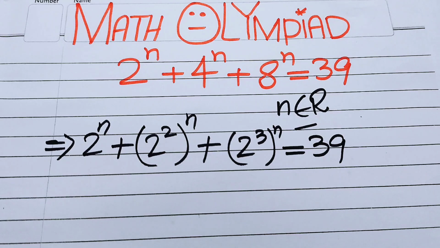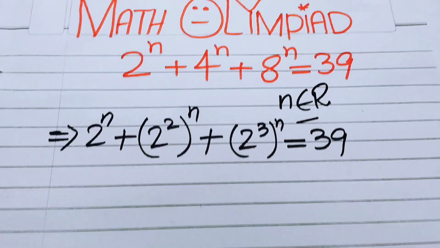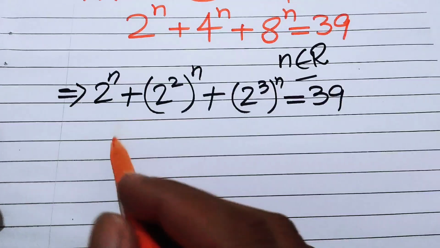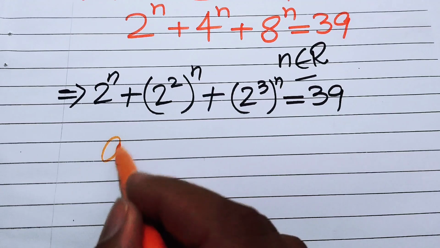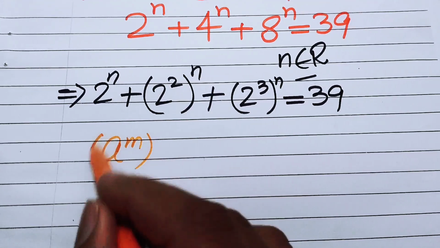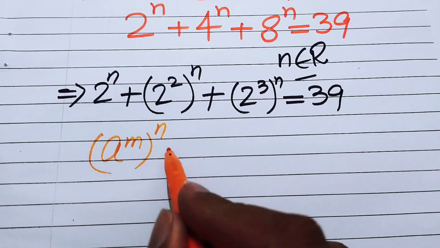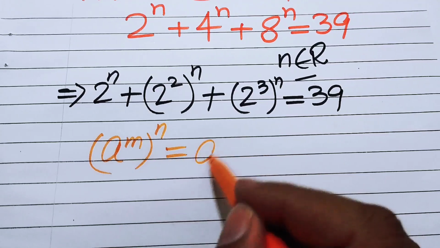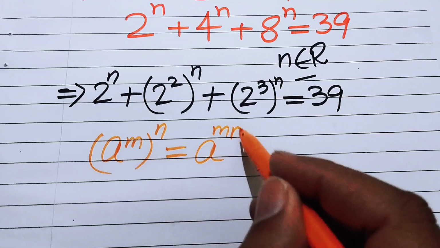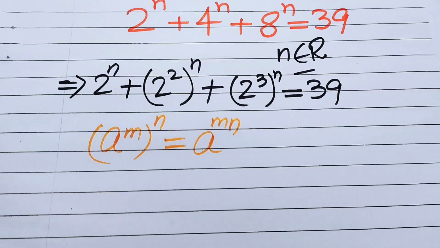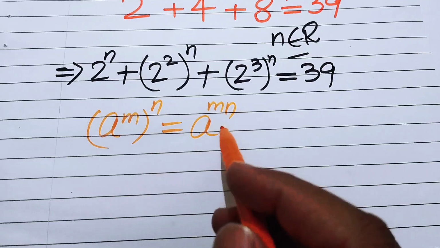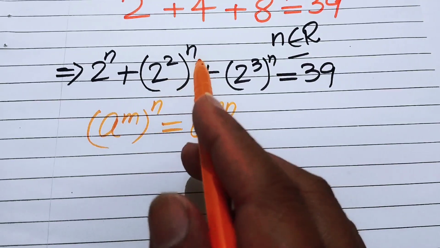And in the next step we will use the nice exponential law. You know about this law: if we have a to the power of m to the power of n, it equals a to the power of m times n. So we use this nice law on these two terms.